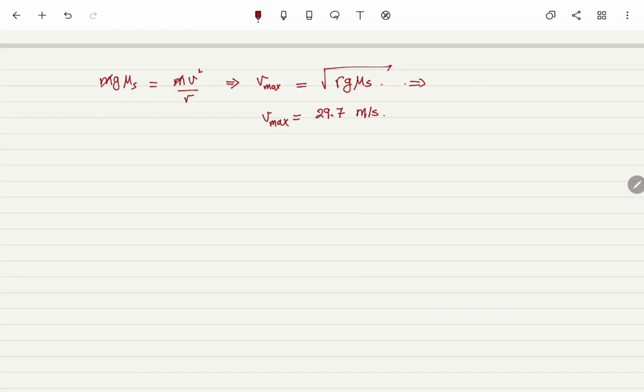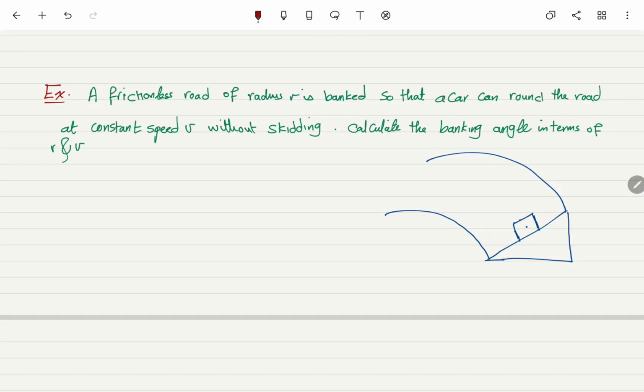A more interesting example is this one here. In this example, there's a frictionless road of radius r that is banked. Rather than going in a circular horizontal path, the road is tilted a little bit with some angle theta, like in race tracks.